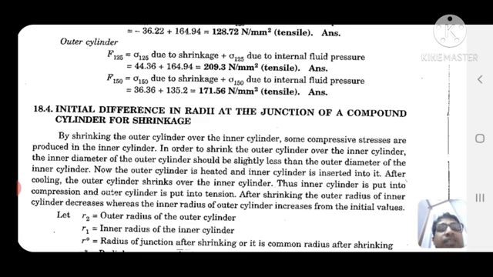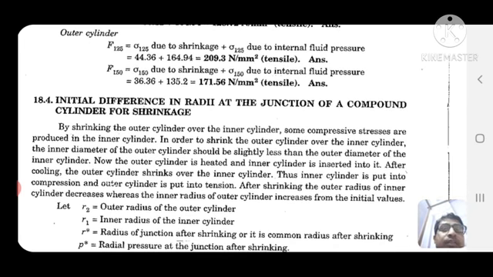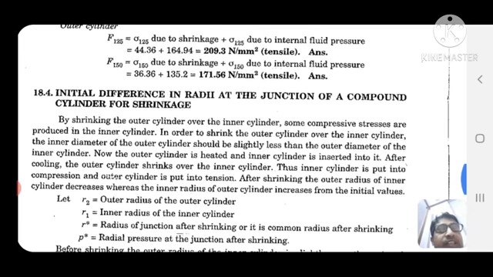Outer cylinder: F125 equal to sigma 125 due to shrinkage plus sigma 125 due to internal fluid pressure. So 44.36 plus 164.94 equal to 209.3 Newton per millimeter square tensile.